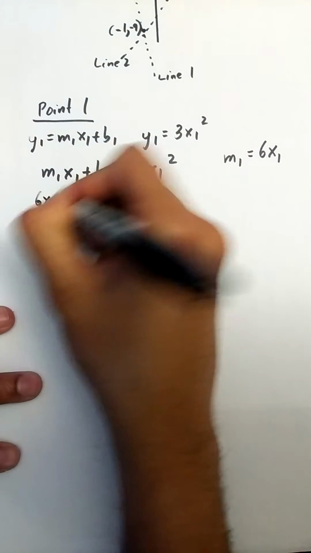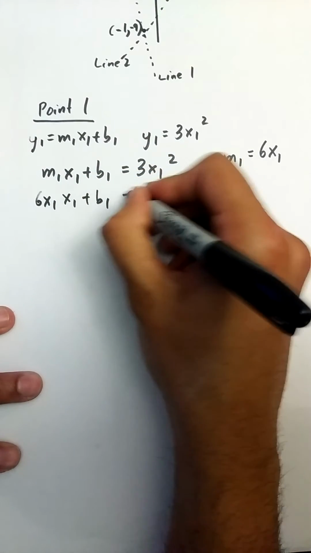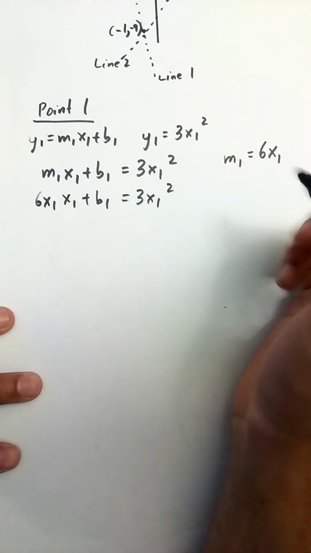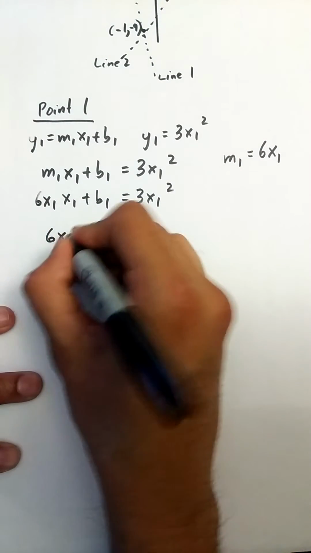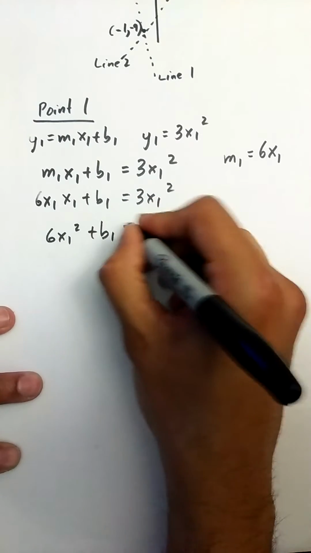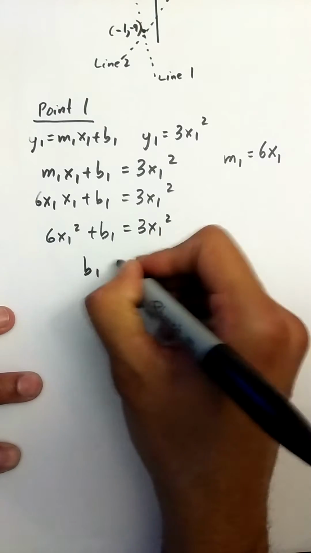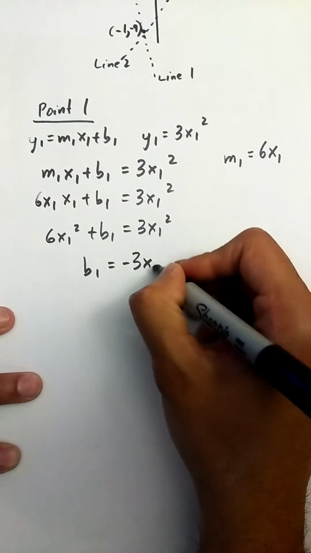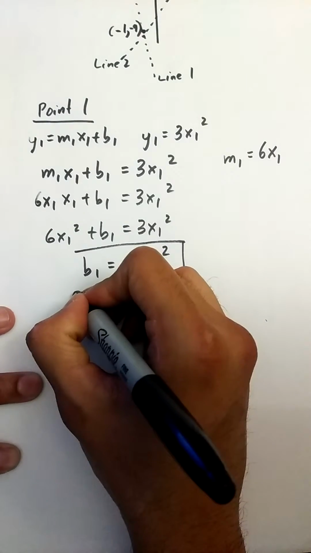So I have 6x1 times x1 plus b1 equals 3x1 squared. And then I'm going to simplify this. So that's 6x1 squared plus b1 equals 3x1 squared, which basically means my b1 equals -3x1 squared.